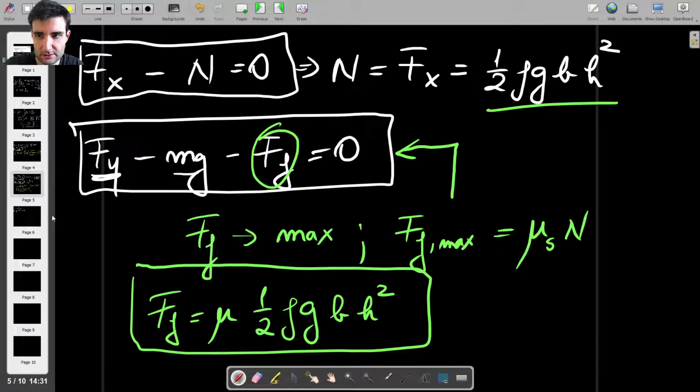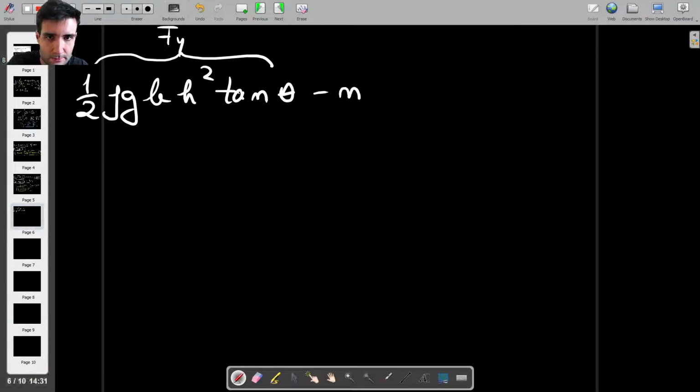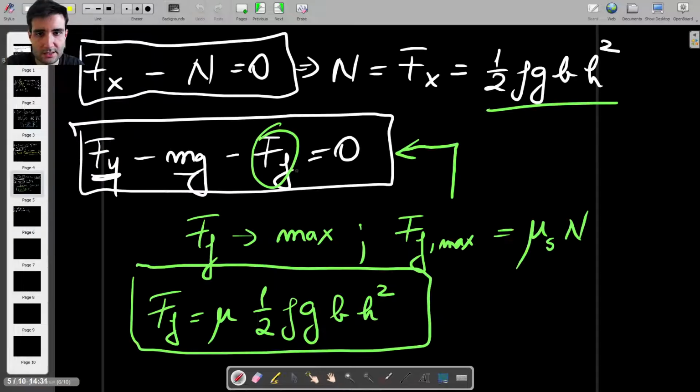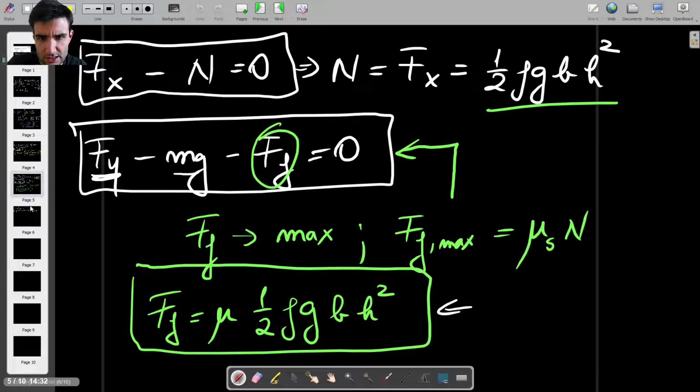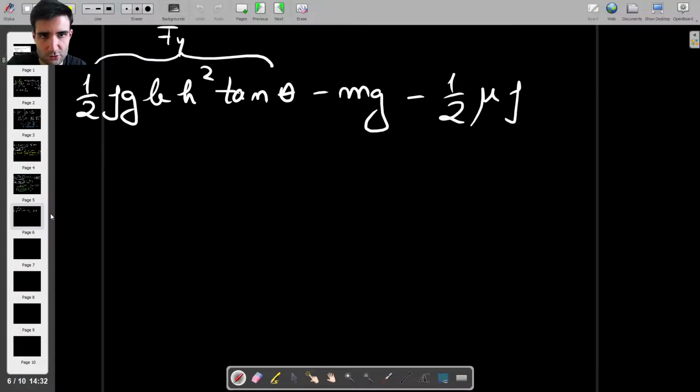I'm just writing the same equation basically. Minus mg minus, and instead of friction, I'm going to write mu times N. That's what the maximum friction is. So I'll start with 1/2 again, and then I'll put the mu, and then I have rho, and then I have g b h squared. So g b and h squared, and the whole thing is equal to 0.